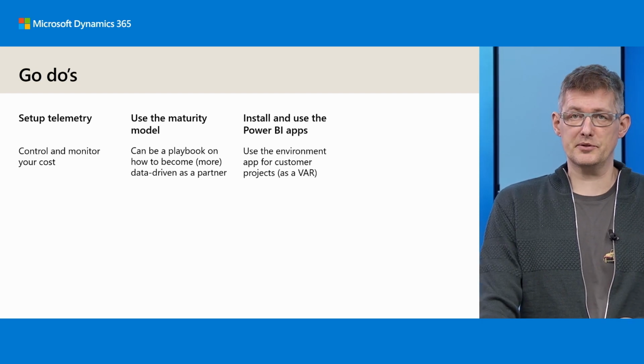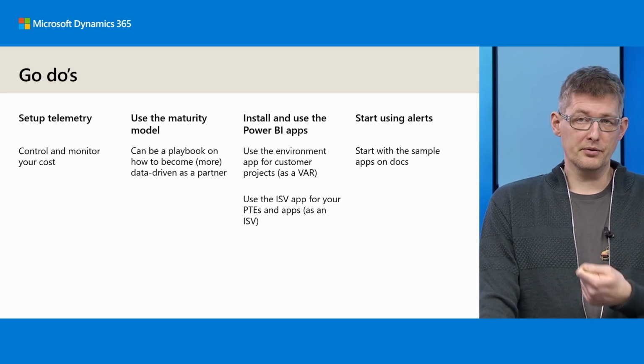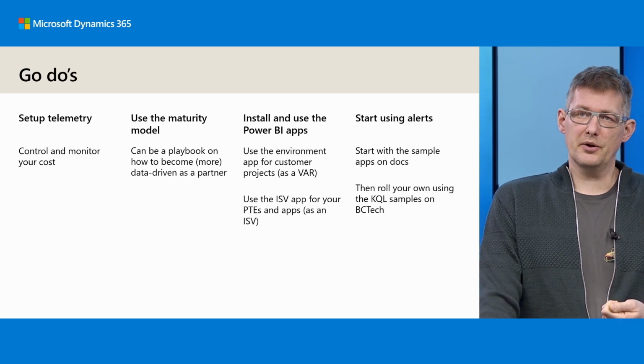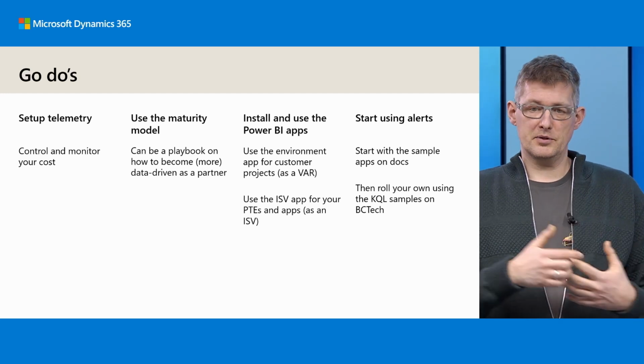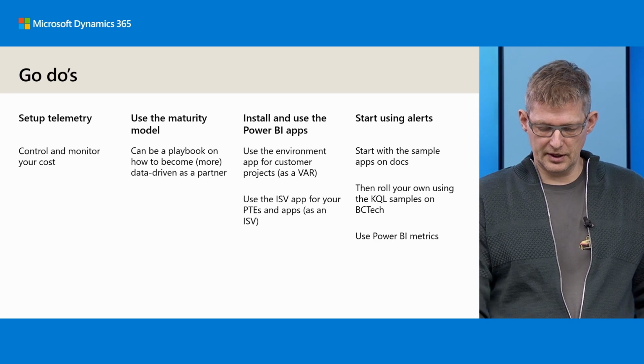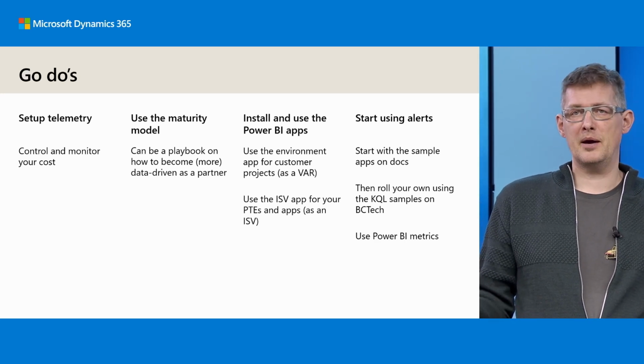Install the Power BI apps as an ISV or as a VAR, or both, and then start using alerts, both with what you have with the Logic Apps, but also try this new technique with the Power BI Metrics and have alerting happening all over your partner practice.